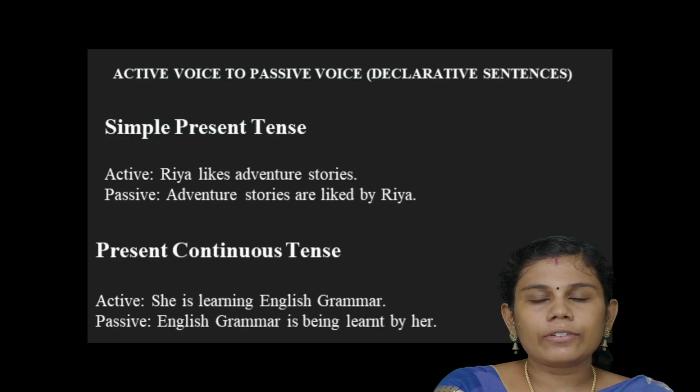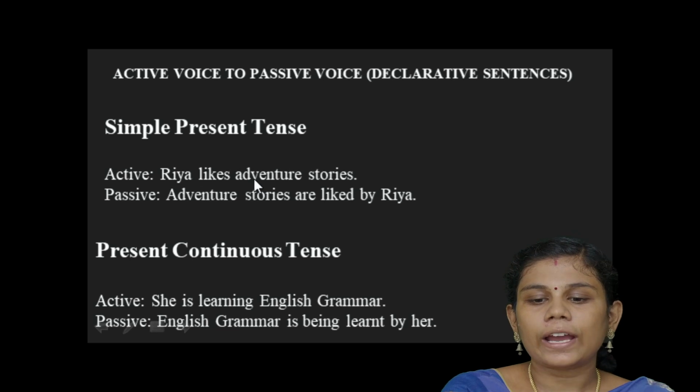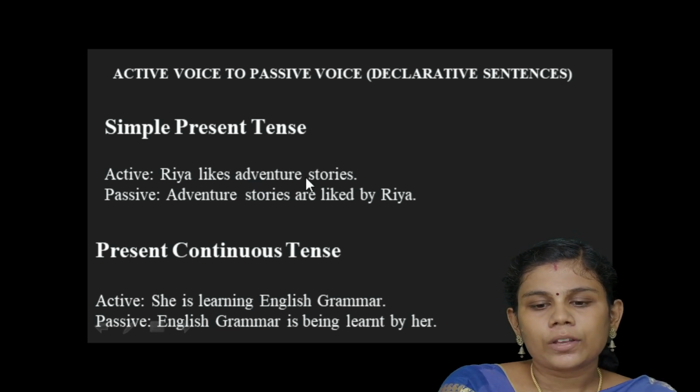Next, I have given you some examples. For simple present tense, I have given you: Ria likes adventure stories. Here, Ria is the subject, likes is the verb, adventure stories is the object. Now we change active voice into passive voice.